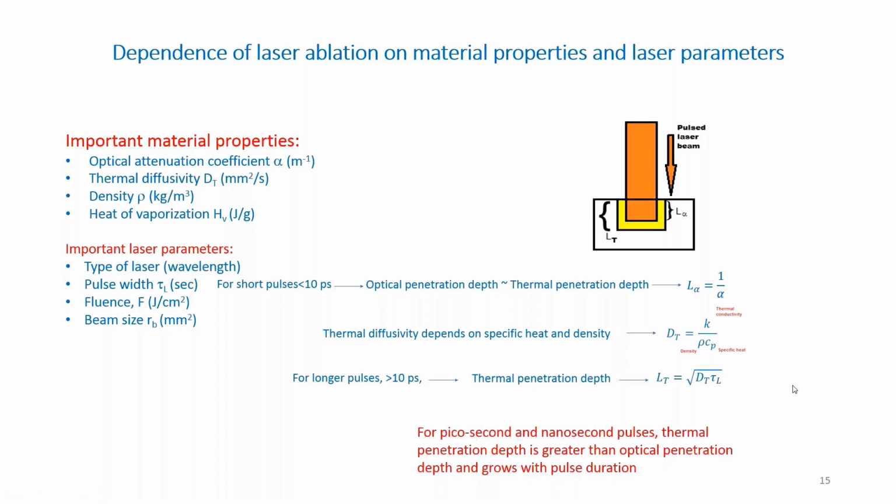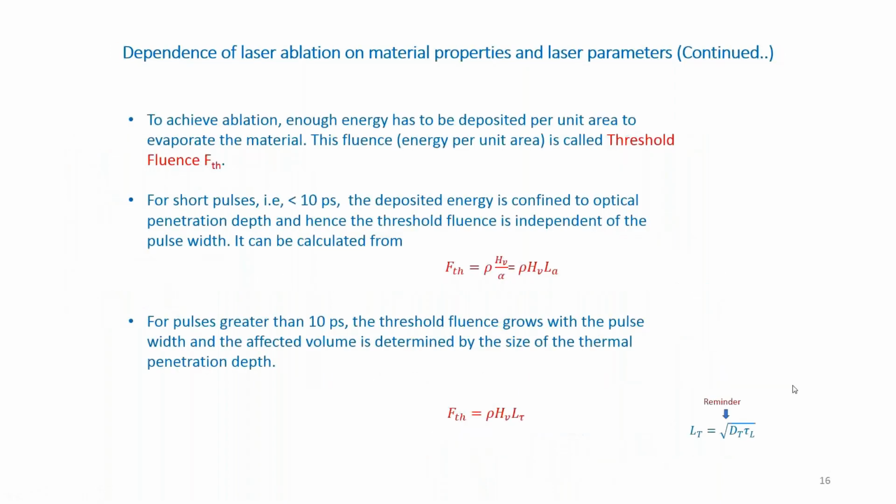To examine this further, we have to define a parameter called the fluence threshold, or threshold fluence. To achieve ablation, enough energy has to be deposited per unit area to evaporate the material. This fluence, energy per unit area, is called threshold fluence.